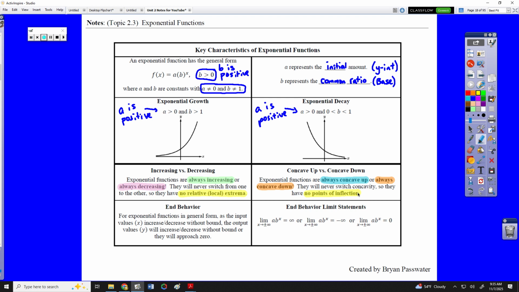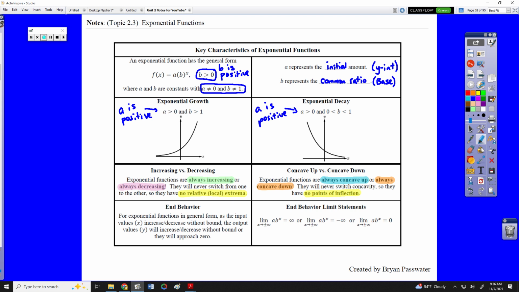So when we look at an exponential function and we have our end behavior limit statements, there are only 3 values that the end behavior of an exponential function will ever have. They will either go to positive or negative infinity, or 0. And we can also know one end will go to either infinity or negative infinity, and the other end will go to 0.